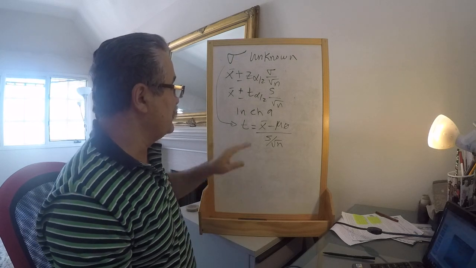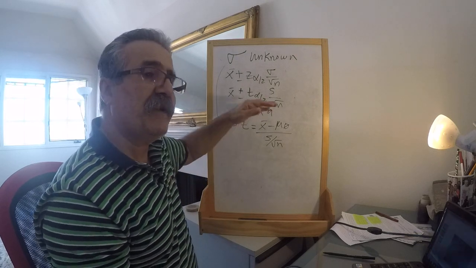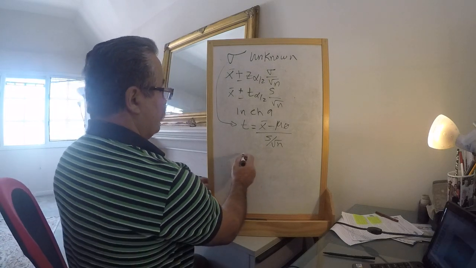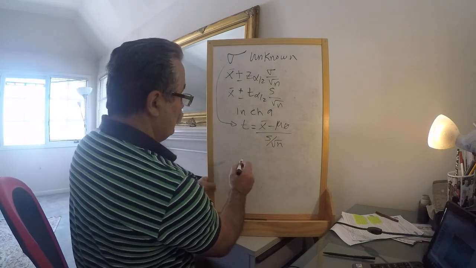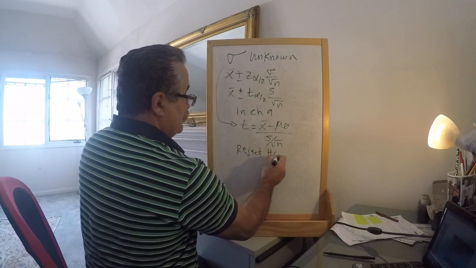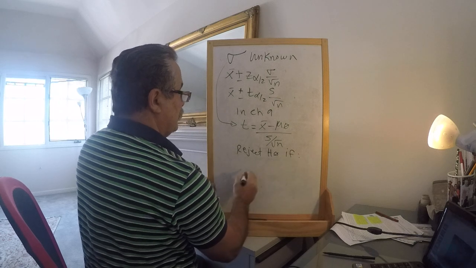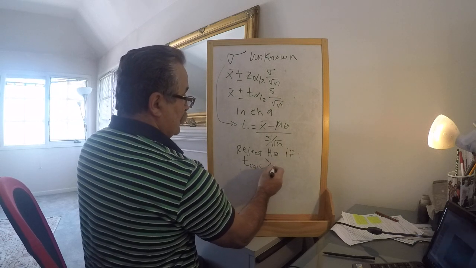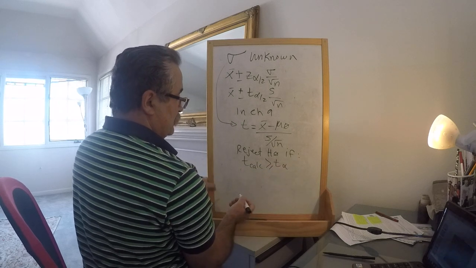Now this is what we do. We calculate our T. We find the T of the given alpha. The rejection rule would be reject H0 if T calc is greater than or equal to T of the given alpha.